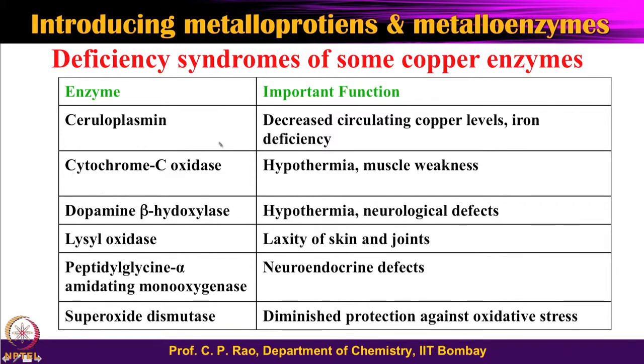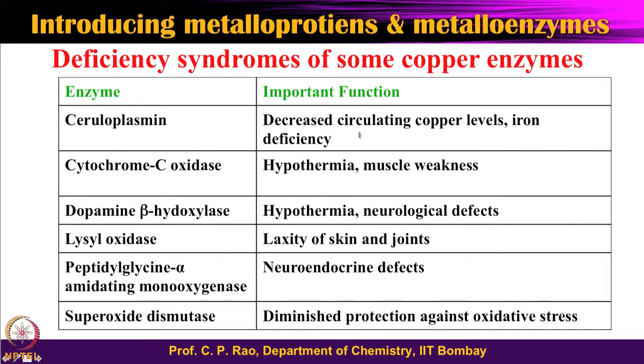It can lead to deficiency of cytochrome C oxidase, which will lead to hypothermia and muscle weakness. If copper deficiency leads to dopamine beta hydroxylase deficiency, then hypothermia and neurological defects. So, a number of copper based enzymes will be affected as a result of the deficiency of copper ions.